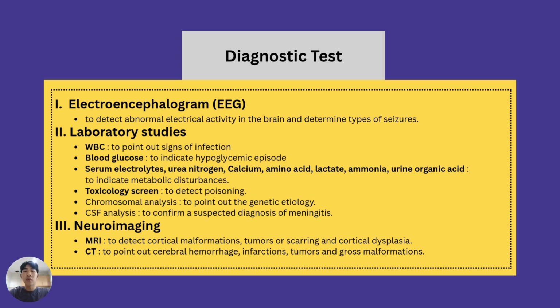Serum electrolyte, urea nitrogen, calcium, amino acid, lactate, ammonia, and urine organic acid help identify metabolic disturbance that can trigger epilepsy. Toxicology screening is used to check for poisoning or exposure to harmful substances that are related to seizure.